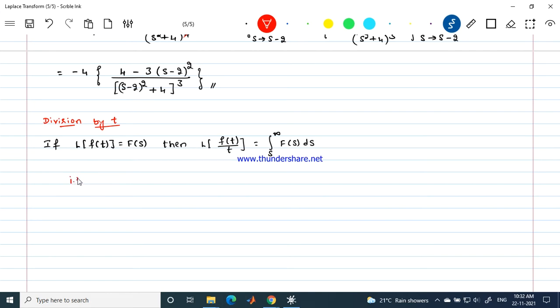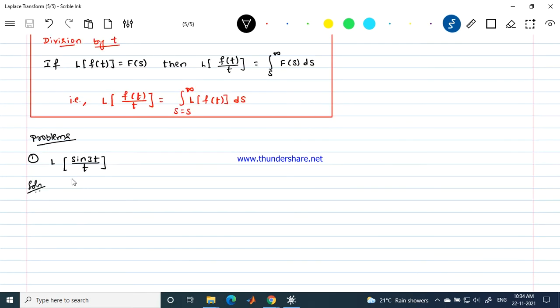That is, if we want to find the Laplace of a function of t divided by t, then first find the Laplace of the function f of t. Then integrate this function between the limits s and infinity with respect to s.